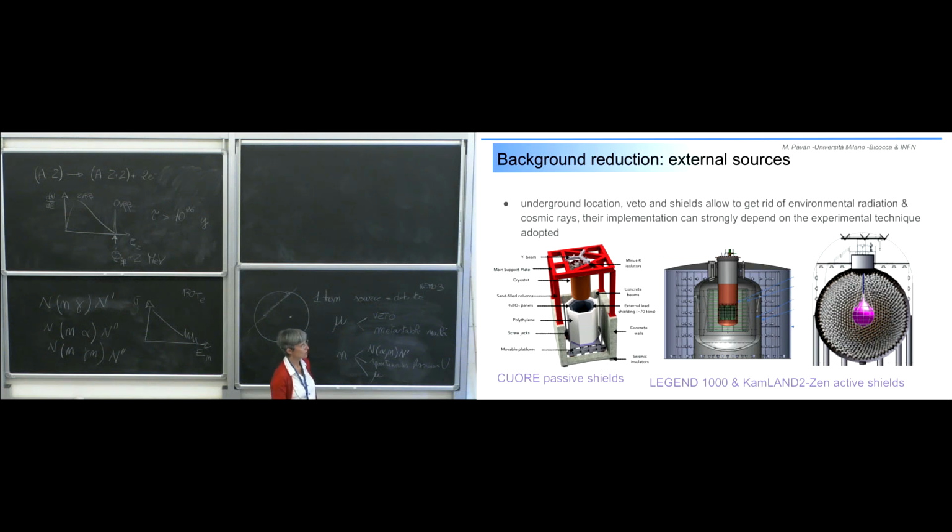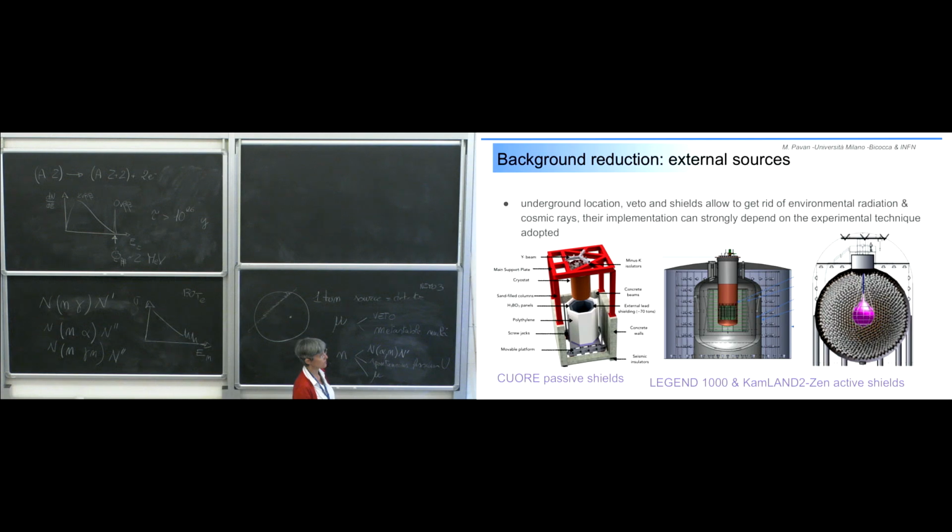This is Legend 1000, so it's not yet built, but Legend 200 is not very different, and uses a water Cherenkov veto, and then has liquid argon inside to cool down the germanium detectors. And all these liquids act both as passive shields, they absorb radiation, but they also provide signals that can be used to veto.